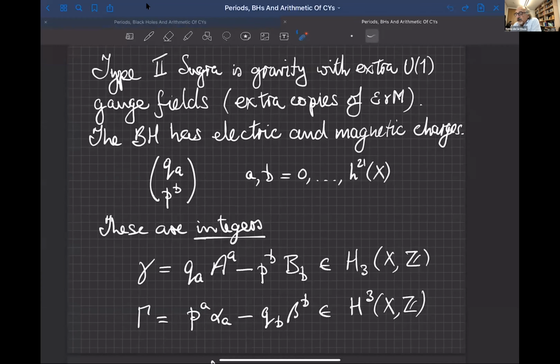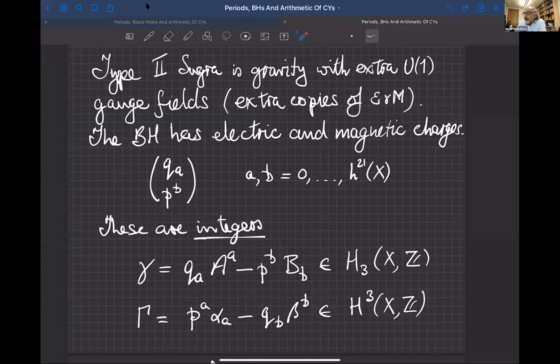These are assembled into a vector with electric charges Q_A and magnetic charges P^B, and the range of the indices is from 0 to h21 of the manifold. These quantities are naturally integers because we know from the time of Dirac that if you have both electric and magnetic charges in a theory, then the charges have to be mutually integral.